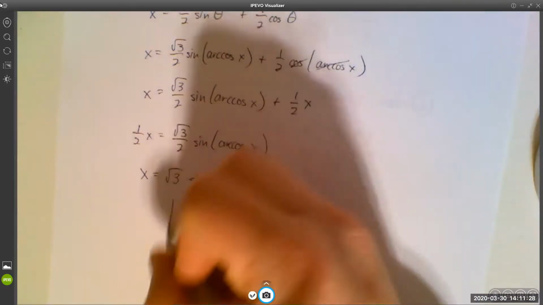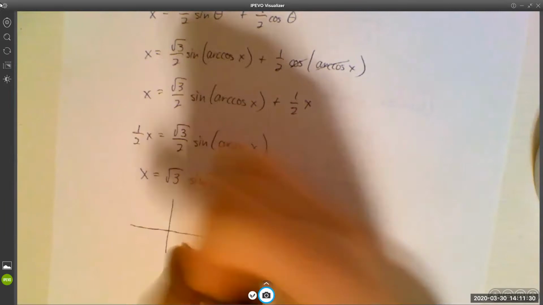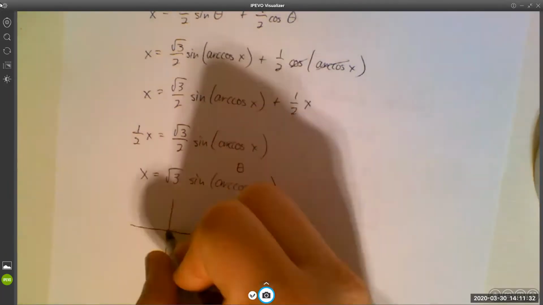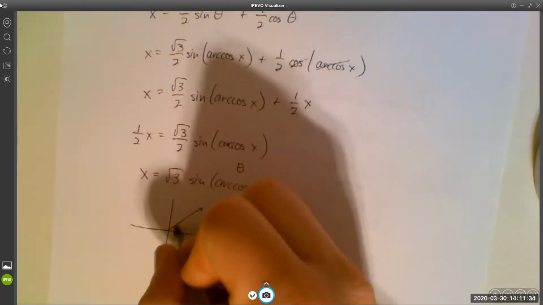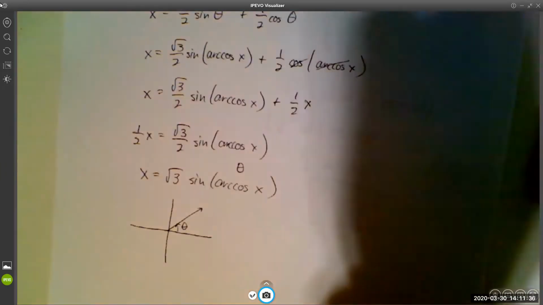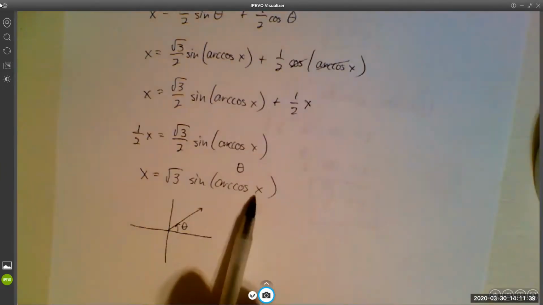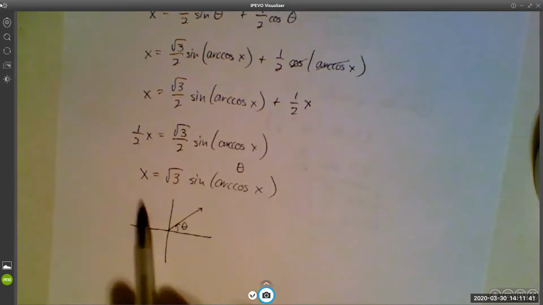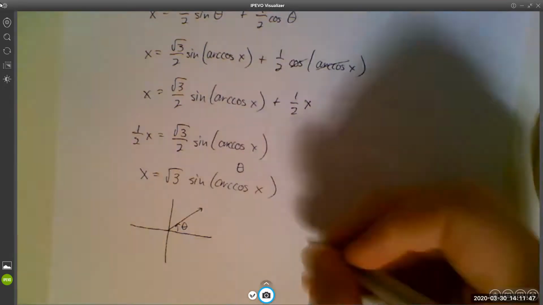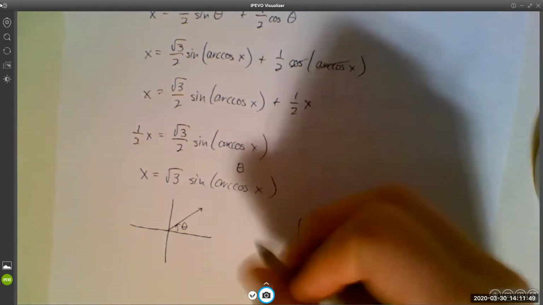And I can draw a little picture. Now, arc cosine could be in quadrant 1 or it could be in quadrant 2. So I guess I'll look at both cases.